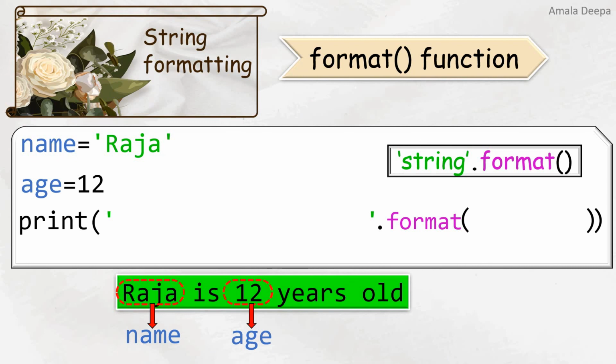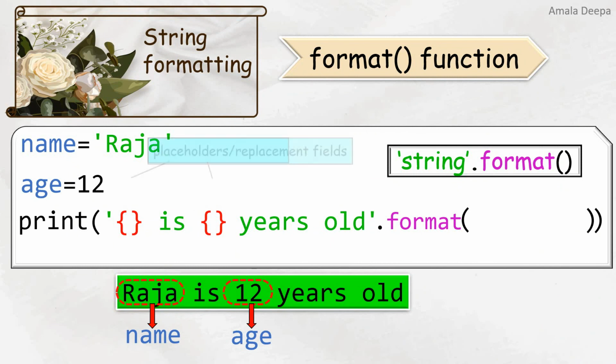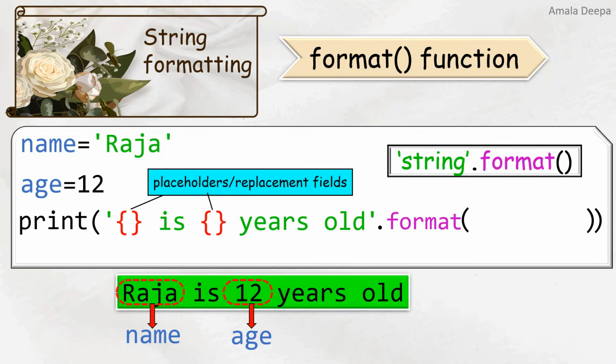So within the quotes, first I will place a pair of set brackets, is, again a pair of set brackets, and then years old. These pairs of set brackets are called as placeholders or replacement fields.